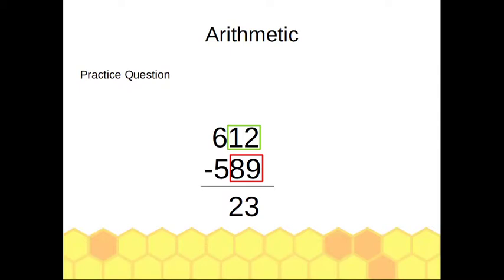First, we can see that the number 6 is in the hundreds place. And we all know that the hundreds place is 10 times larger than the tens place, and the tens place is 10 times larger than the ones place.